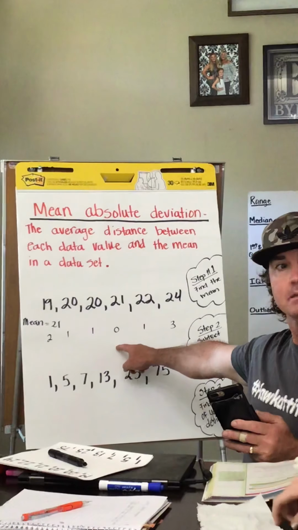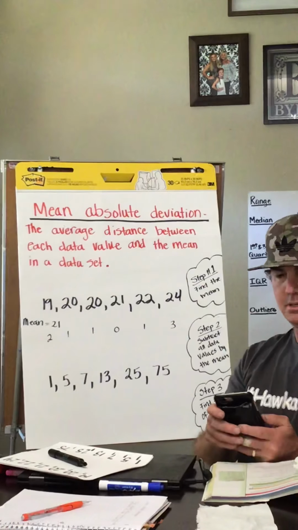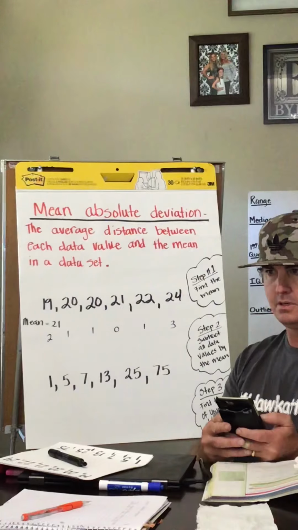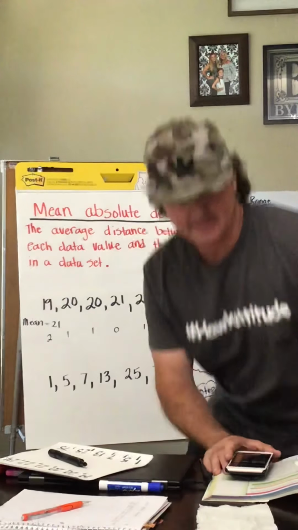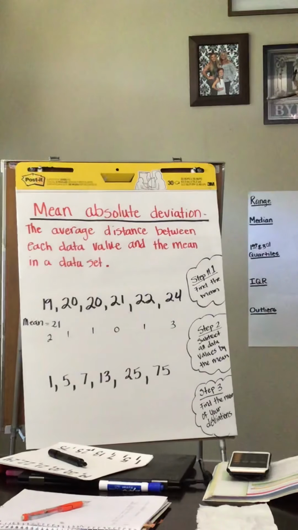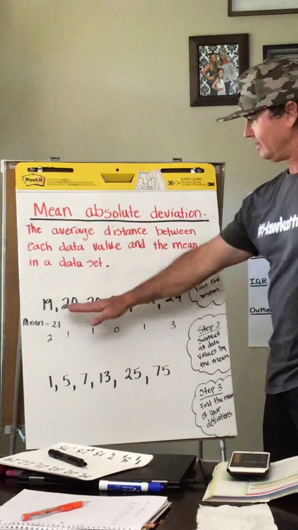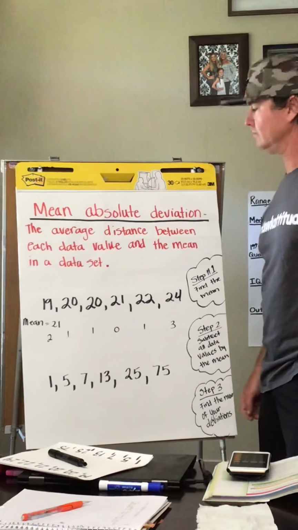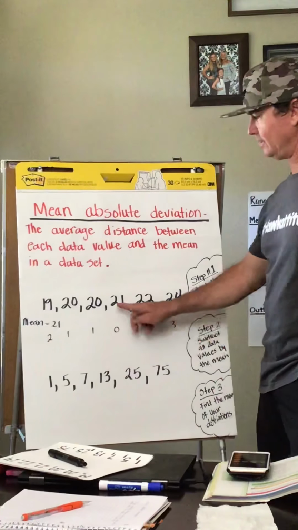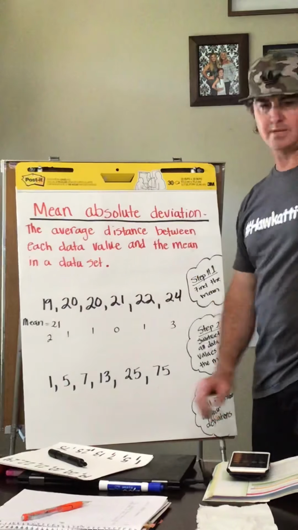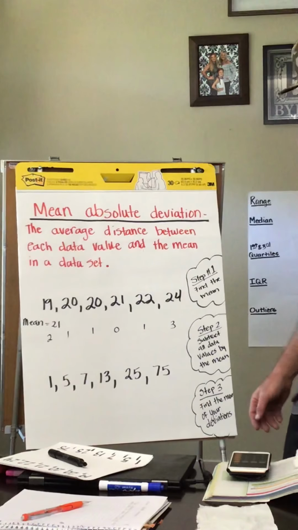Does that make sense? You didn't divide by how many there are, right? I did, but I thought the mean was 20. Oh, that's what I did wrong. No, the mean is 21. That's right, Colby.